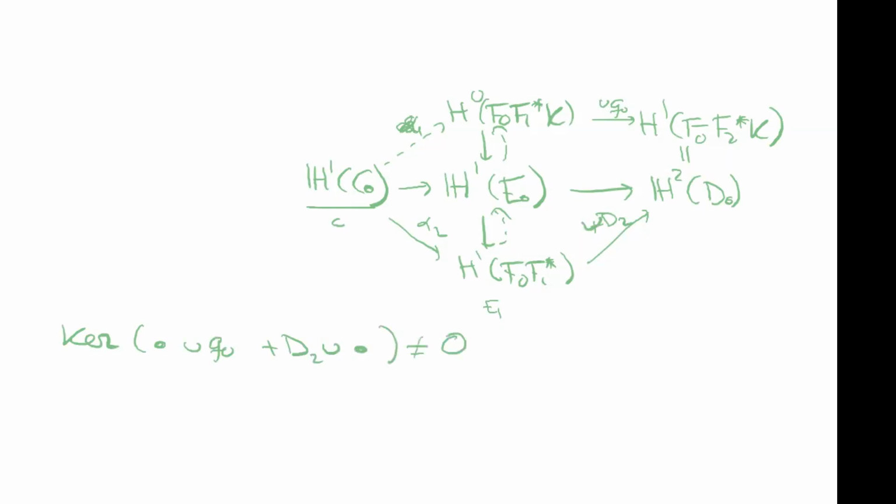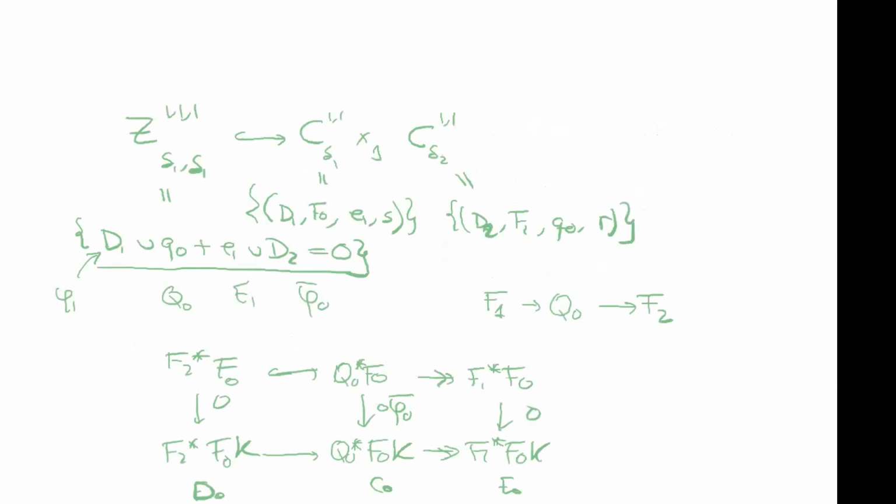Okay, and in particular, these are precisely, so we want for our pairs to satisfy that, say we started with extensions of Q0 by F0, then we want to consider E1s and D1s in the kernel of the map I just described.